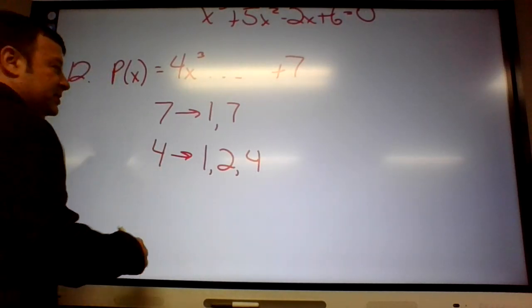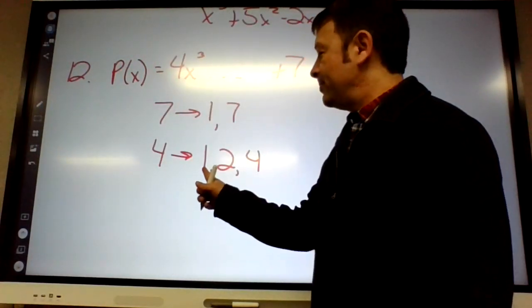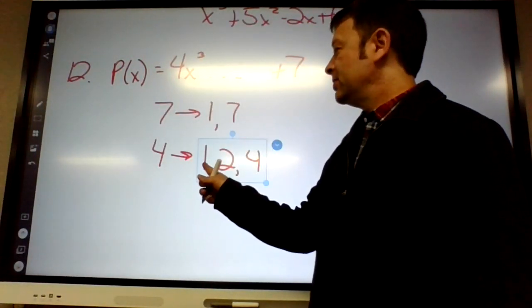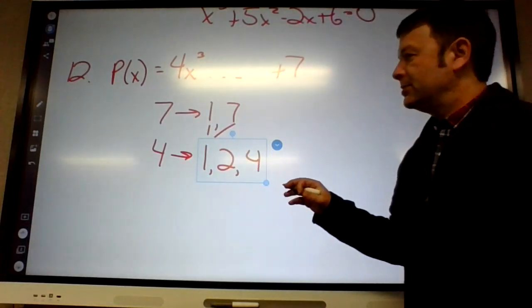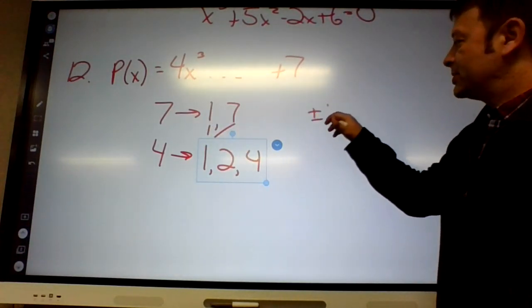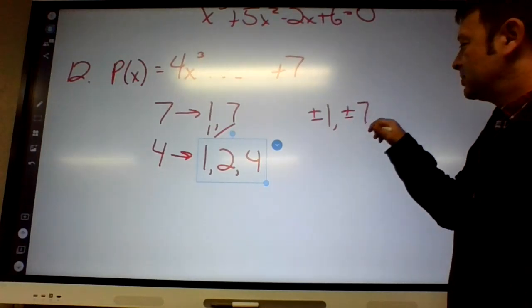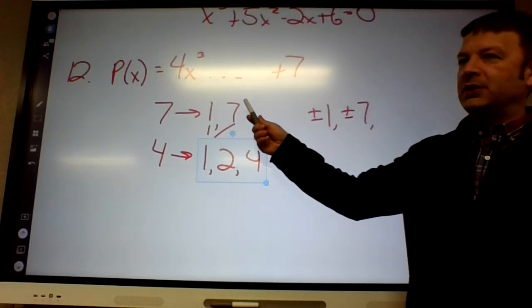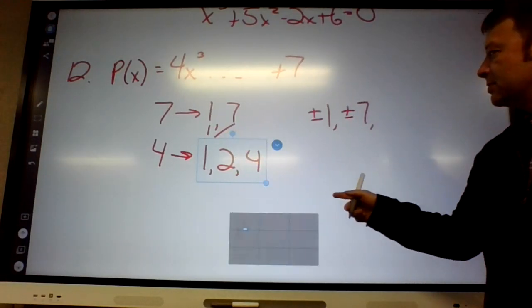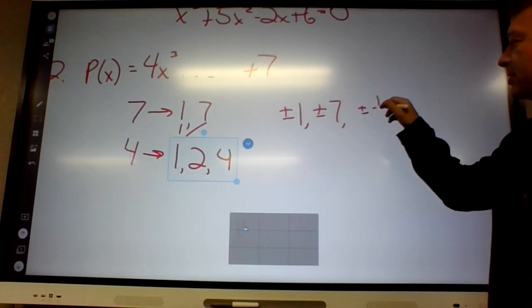Okay, so this one's a little more complicated because the bottom is not just a 1. Okay, so we got 1 over 1 and 7 over 1, which are just 1 and 7. But then we have 1 over 2 and 7 over 2. You guys see where I'm getting this from?